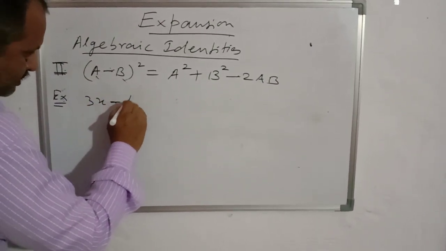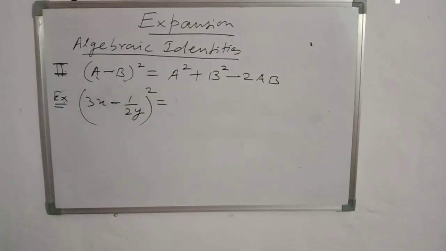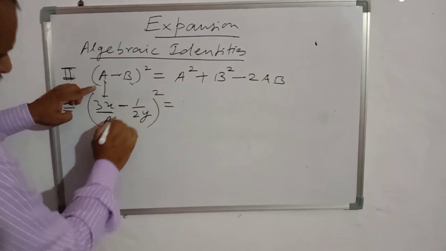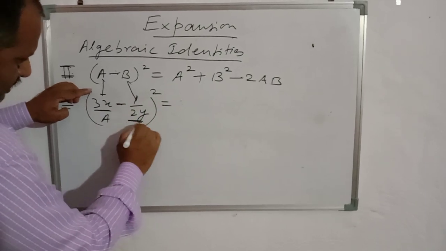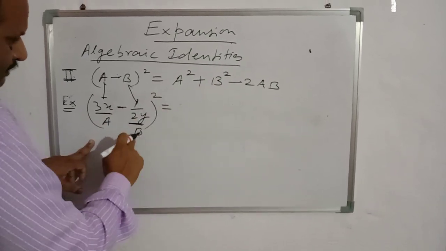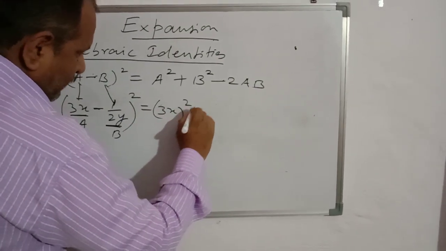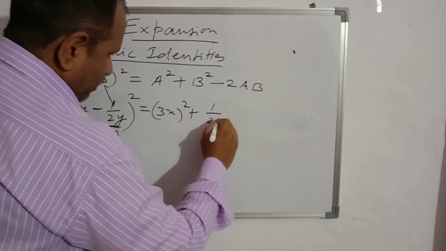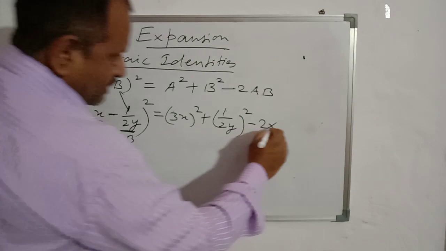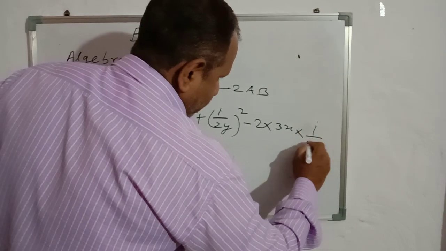3x minus 1 by 2y whole square. What is in place of a? 3x. What is b here? b is 1 by 2y. So put the value of a as 3x and value of b as 1 by 2y on the right side. So 3x whole square, b square means 1 upon 2y whole square, minus 2, a is 3x, so write here 3x into b, which is 1 by 2y.